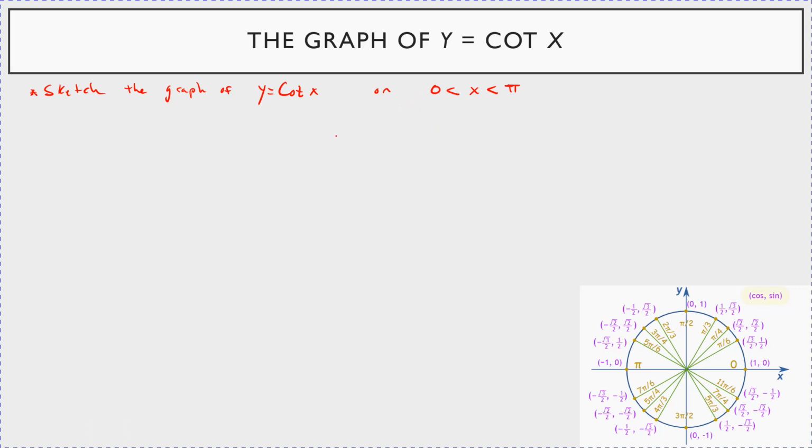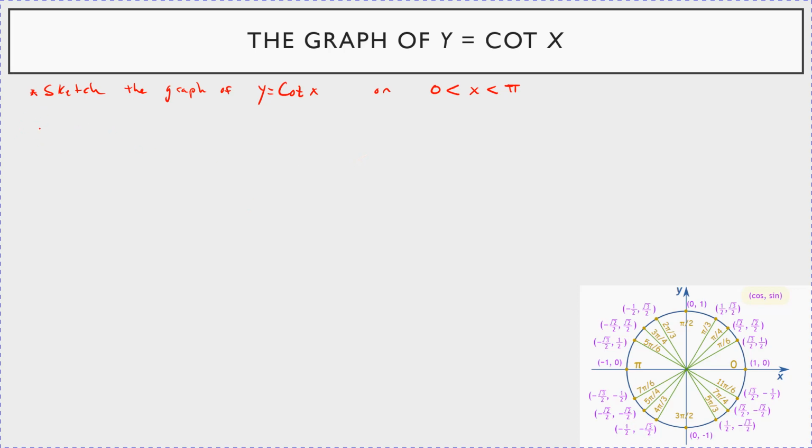Just like in the previous lecture when we did the tangent graph, I have these strict inequalities here, but we're going to set up the graph using the same idea. We're going to find some test values.